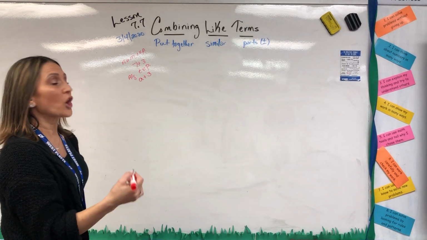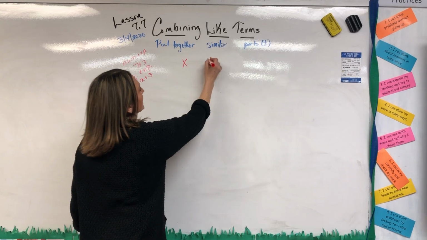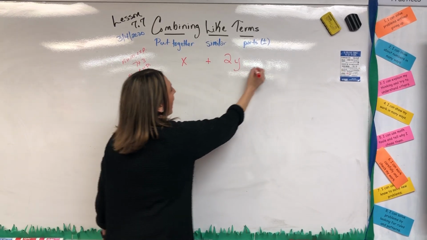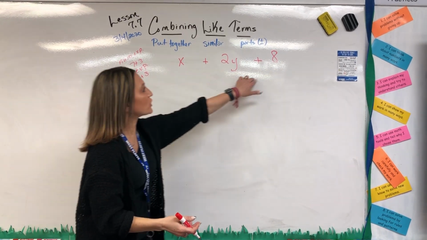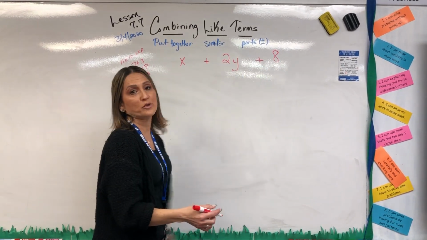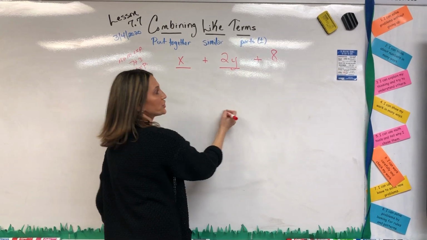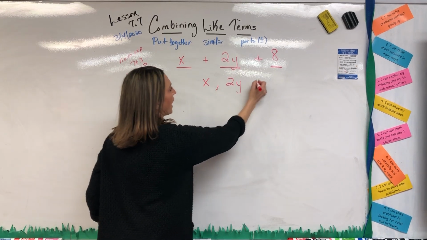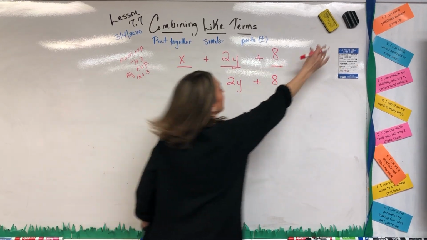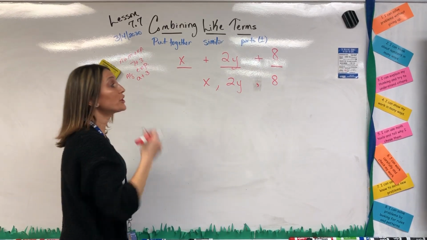If I have a problem such as x plus 2y plus 8, the terms are anything that surround that addition or subtraction sign. So x is a term, 2y is a term, and 8 is a term. Those are the terms.